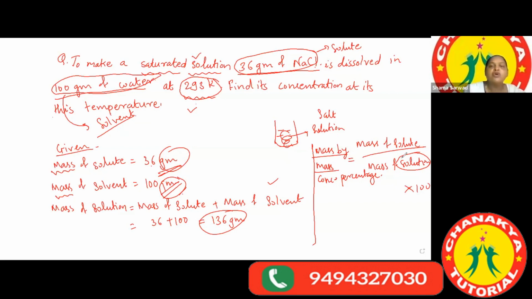So you have to take the mass of solute and divide it by the mass of solution, this quantity which we have calculated here. So write down here: mass by mass percentage concentration would be mass of solute, 36 gram, upon mass of solution, 136, which we have calculated here, multiplied by 100. Do this calculation and let me know the concentration.